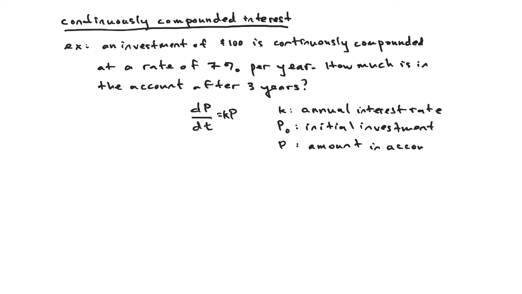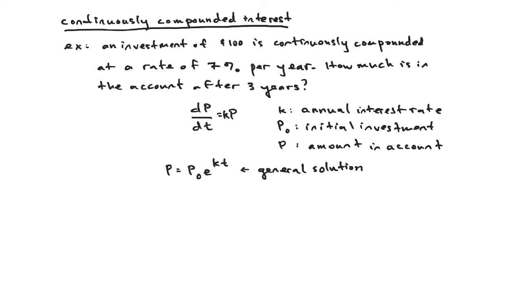Okay, so if we have a differential equation of the form dp/dt is equal to k times p, then what we've seen is that the solution looks like this. All right, so this here is going to be our general solution. And then in the particular case we have a 7% interest rate, which we're going to put into decimal form.